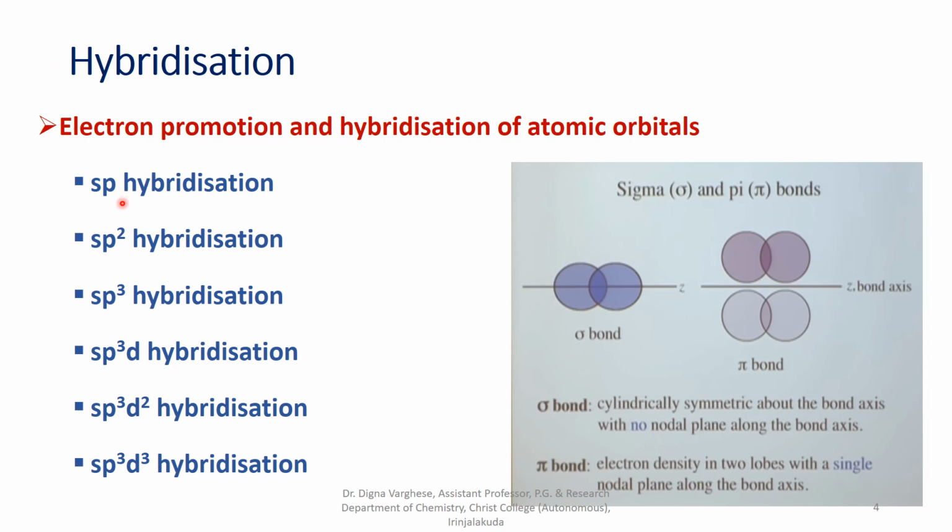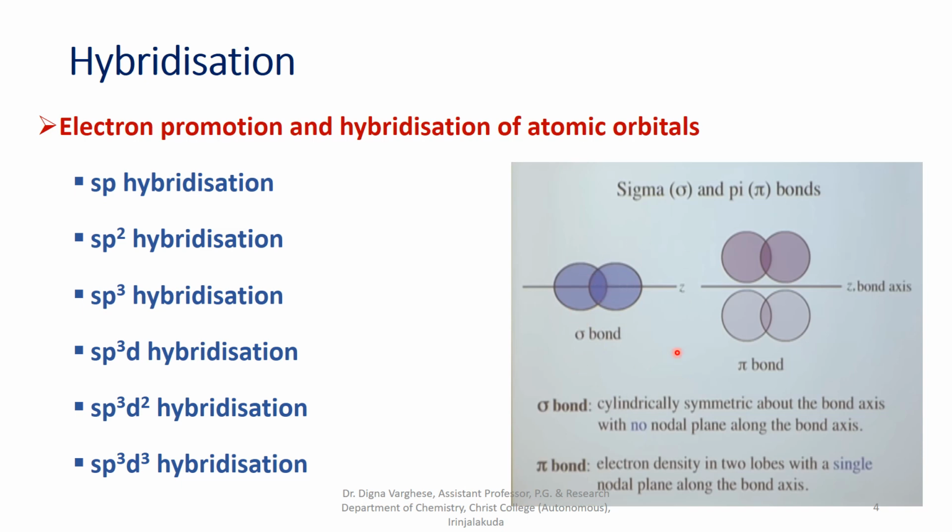Here showing some hybridizations: sp hybridization, sp2 hybridization, sp3 hybridization, sp3d hybridization, sp3d2 hybridization, and sp3d3 hybridization. The overlaps of atomic orbitals include the sigma bond, in which only one region overlaps.